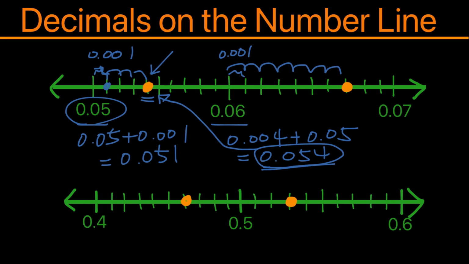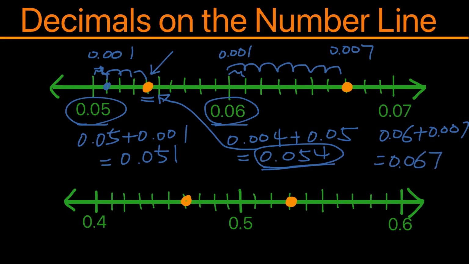So that 7 means that this is 0.007 on top of 0.06. So we would then take 0.06 and add the 0.007, and that gives us 0.067. So that means that this point here is 0.067.